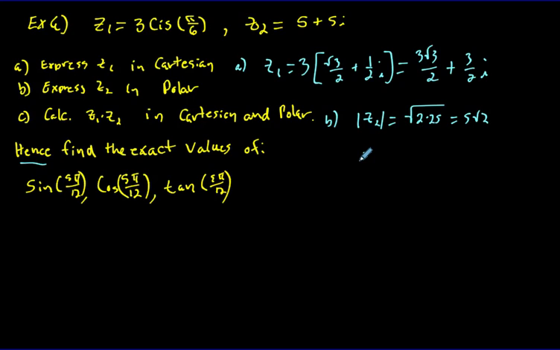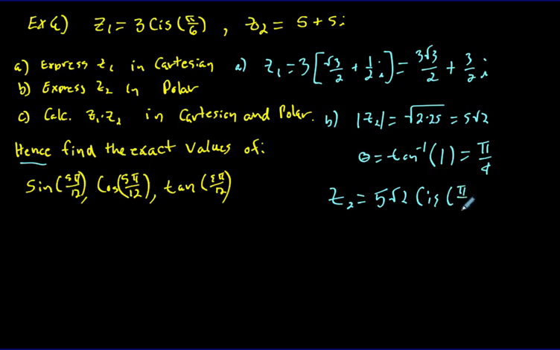Now I need my argument, and that's the tan inverse of 5 over 5, which is just 1, which is pi over 4. So z2 in polar form is 5 root 2 CIS of pi over 4.